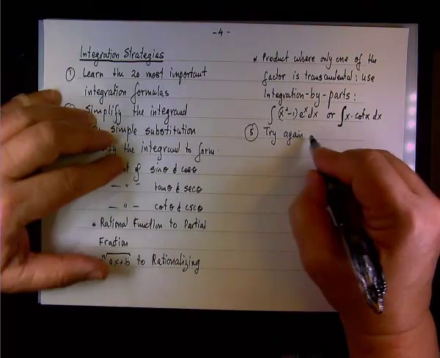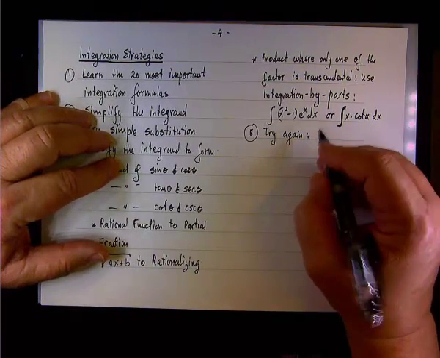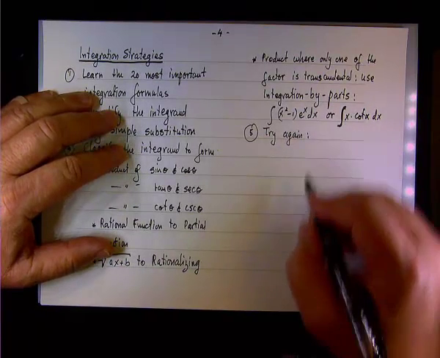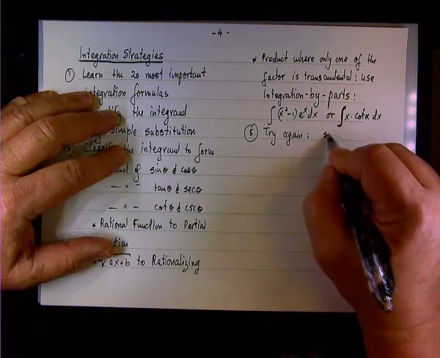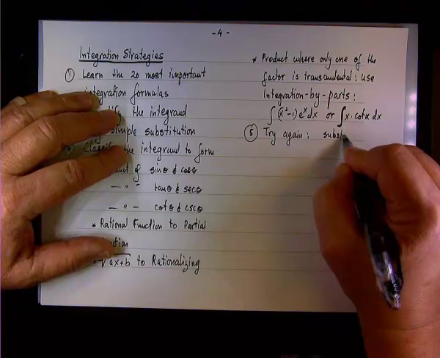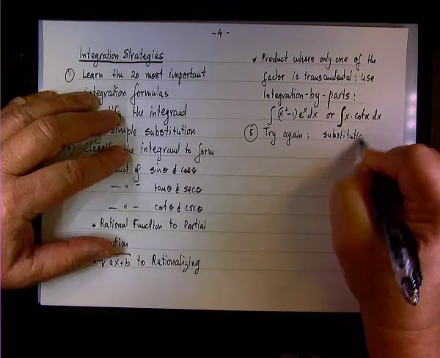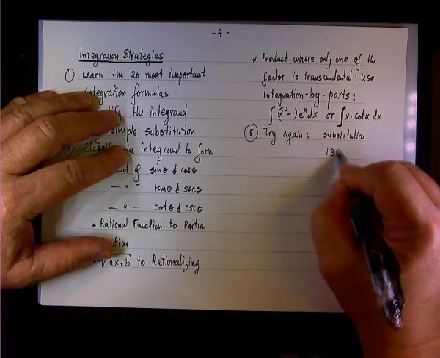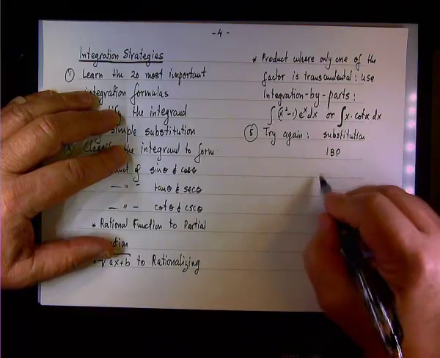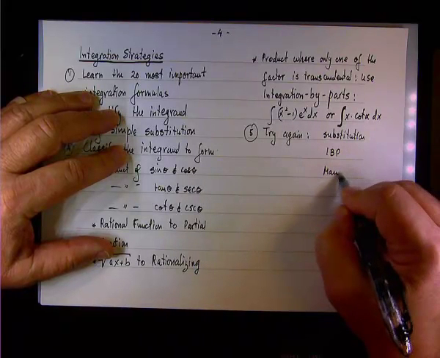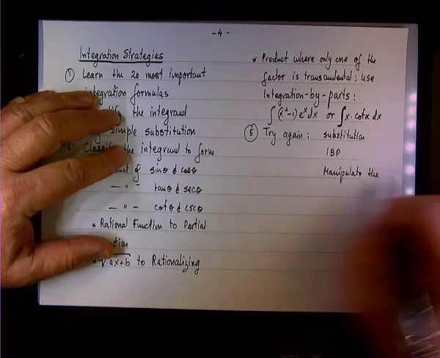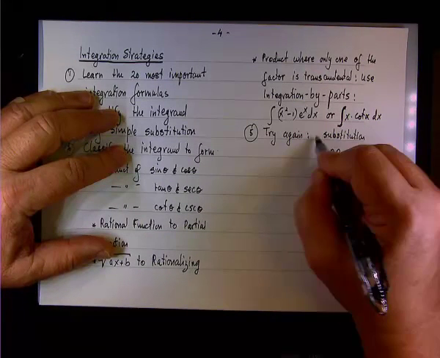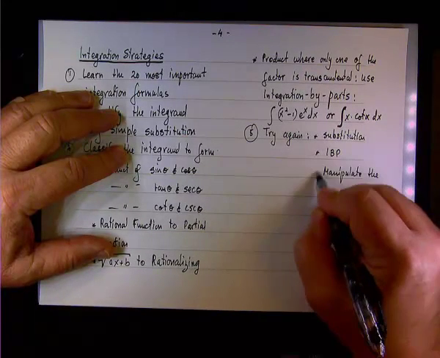And then the last strategy is try again. Try again and go through the following. Try again what? What do we have here? Substitution, integration by parts, manipulate the integrand.